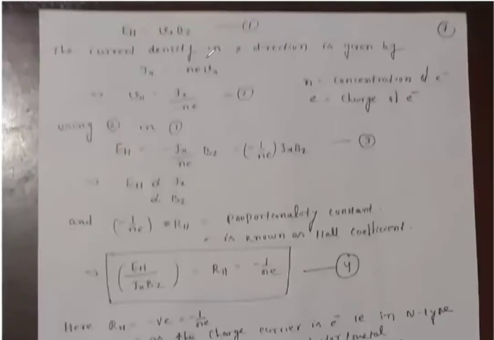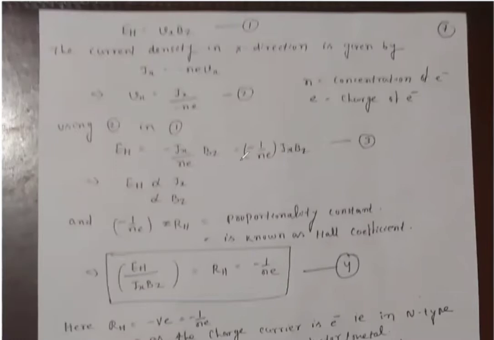Now using equation 2 in equation 1, we have EH equal to minus Jx upon ne into Bz. We have put the value of Vx in equation 1. So this can be written as minus 1 by ne Jx Bz.